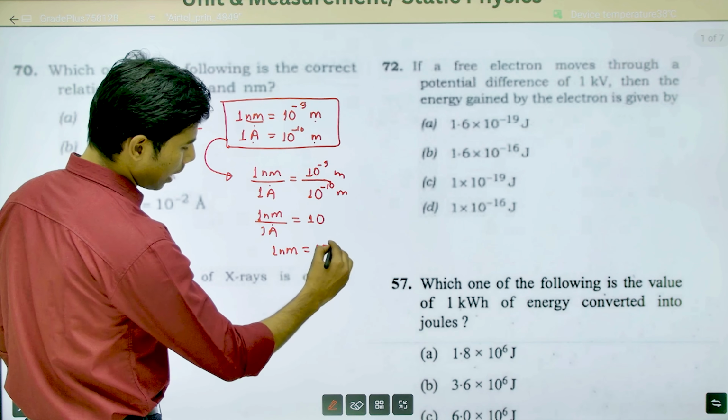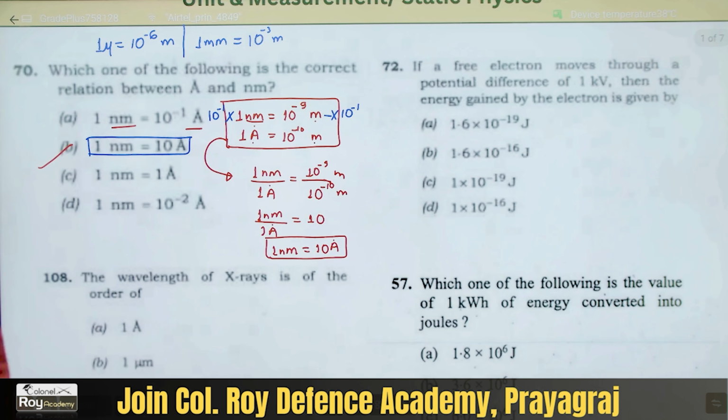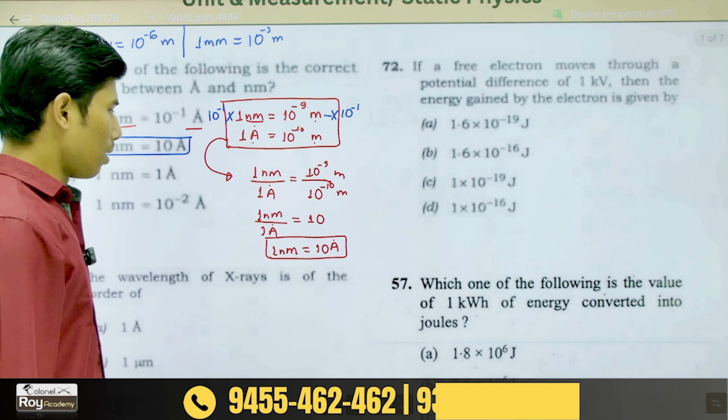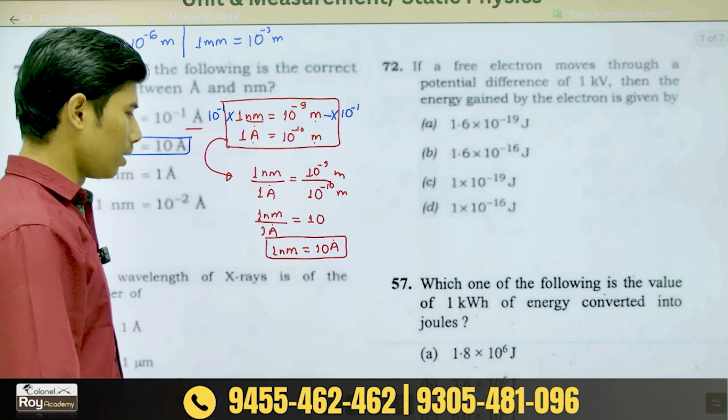Here I'm writing: 1 micron is equal to 10 to power minus 6 meter, and 1 millimeter is equal to 10 to power minus 3 meter. You need to remember all of these unit interchanges.